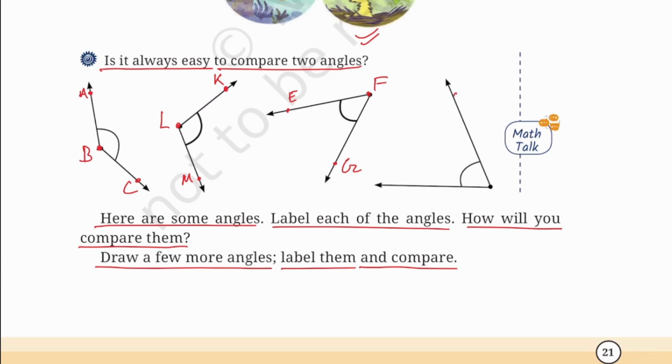You can write X, Y, Z here. So the angles will become, in the first picture angle ABC, in the second one angle KLM, in the third picture angle EFG, and in the fourth one angle XYZ.